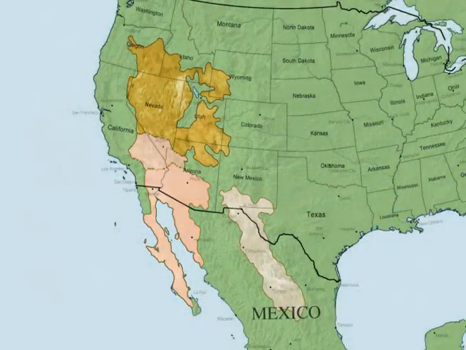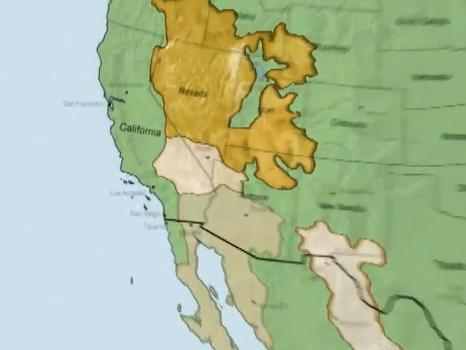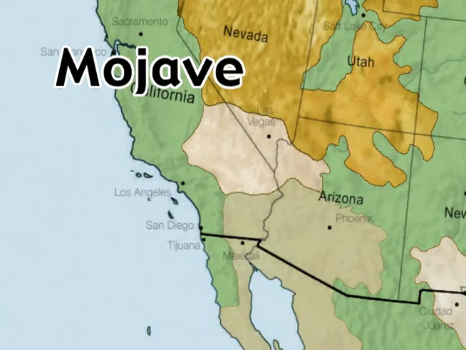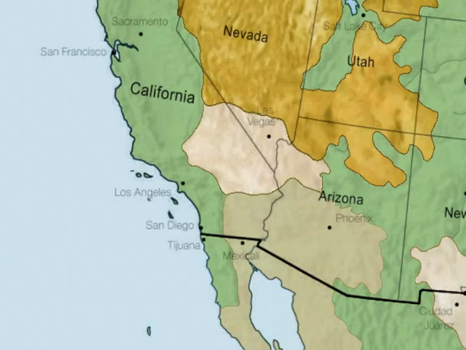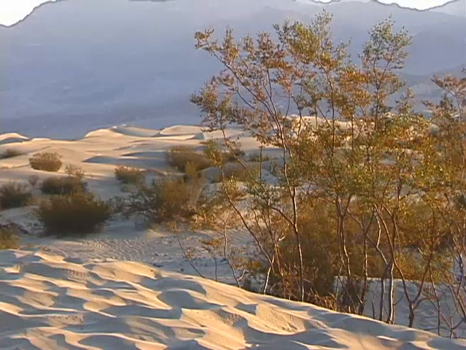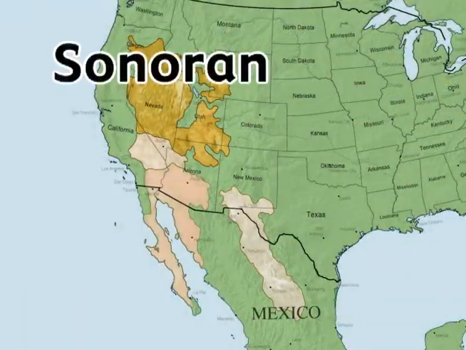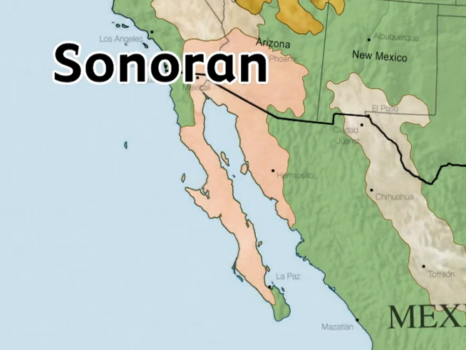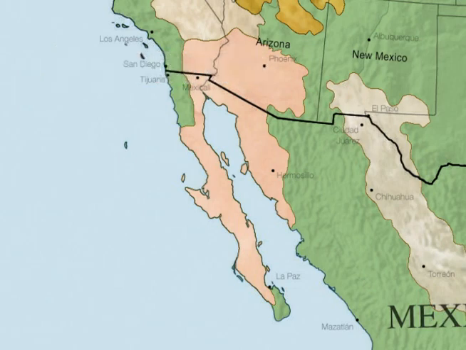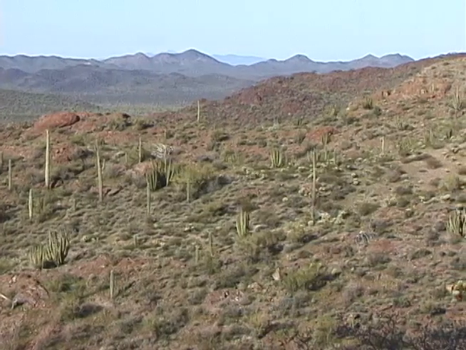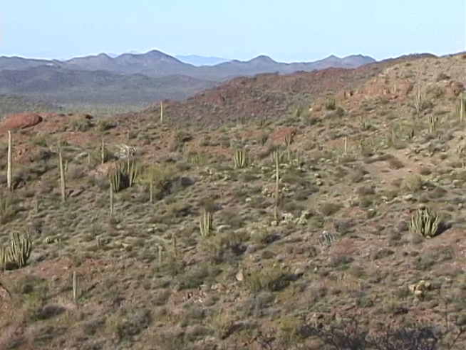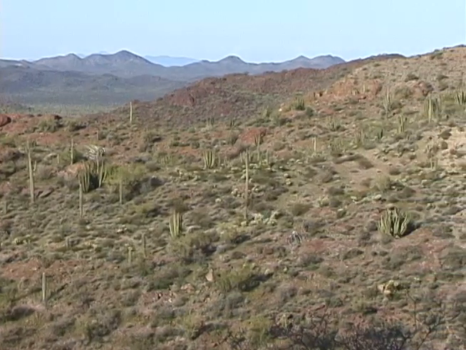North America also has several deserts. The Mojave Desert spans Southern California, Nevada, and Arizona. Death Valley National Park is located in the Mojave Desert. The Sonoran Desert is located in California, Mexico, and Arizona. Organ Pipe Cactus National Park and Saguaro National Park are located in the Sonoran Desert.